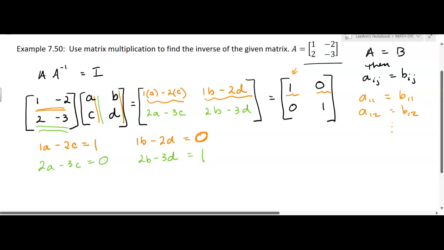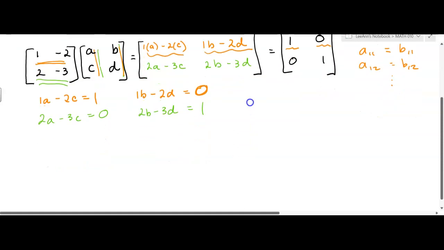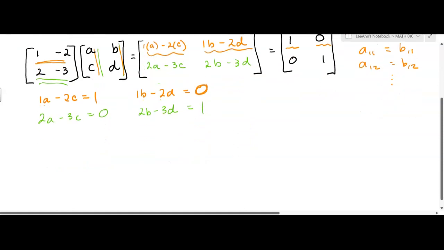Now, what we're able to do is solve a system of equations. So you kind of have to change your thinking over to what we were doing in 7.1. How do we solve this? Well, I'm just going to use the addition method. See how I have a pair of equations here?